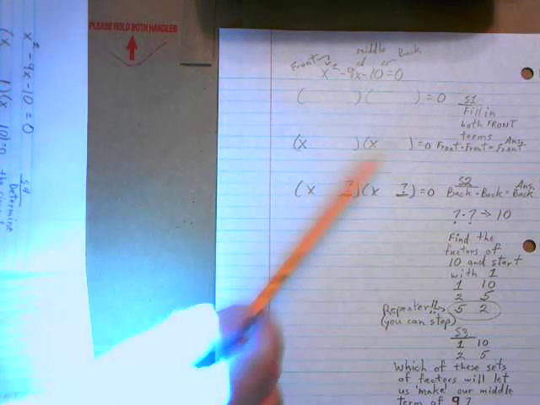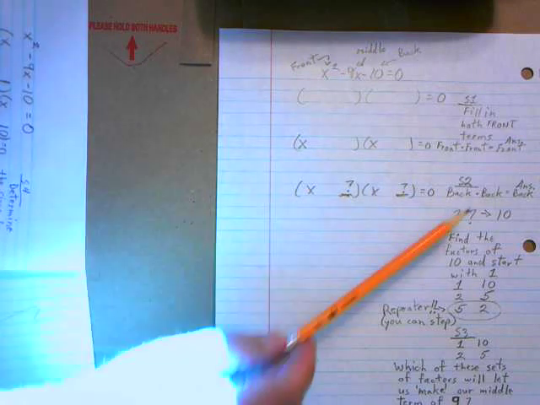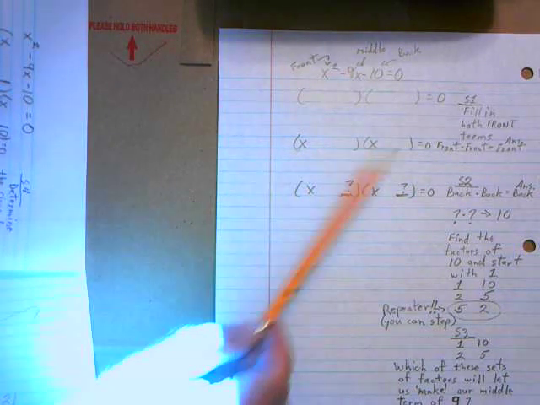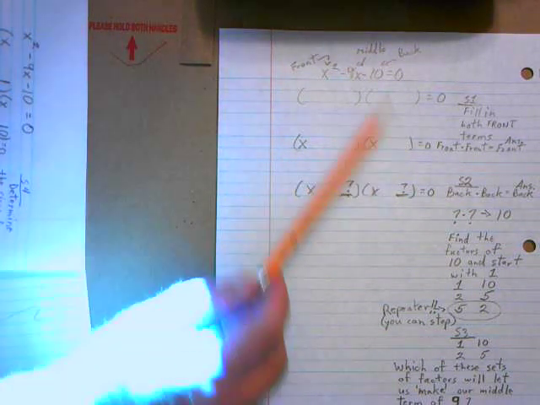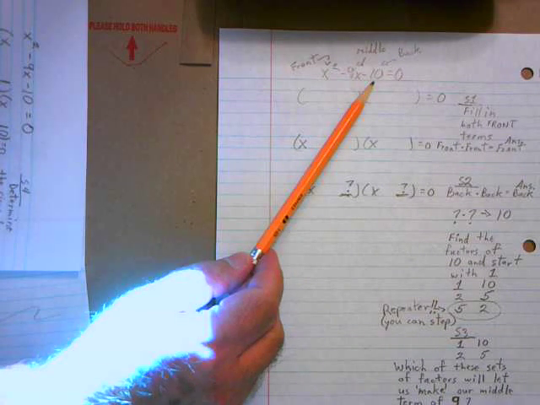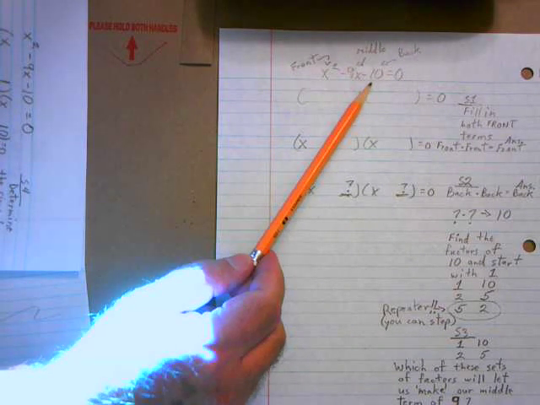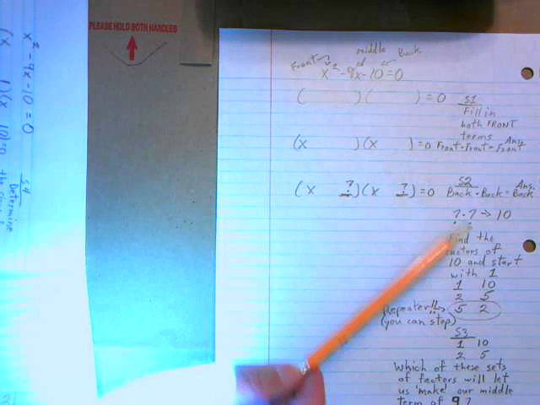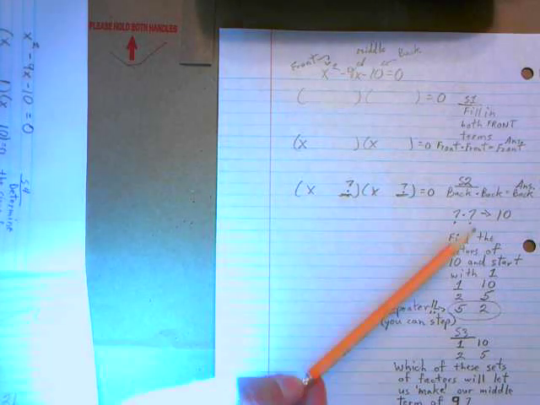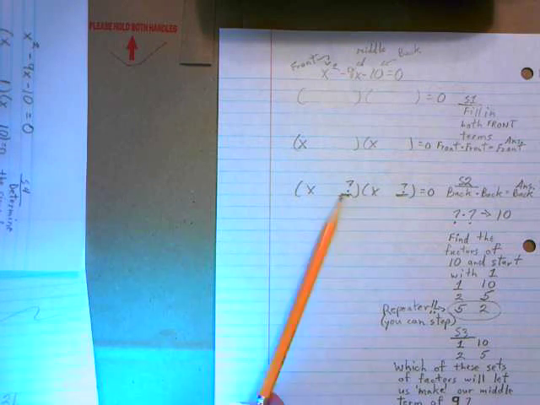What will the back terms be? Well, we know that this back term times this back term will give us this -10. So we say, what times what do we need to put in here to have them multiply to be 10?